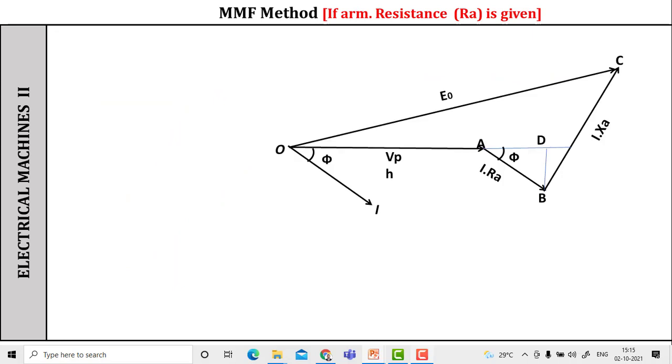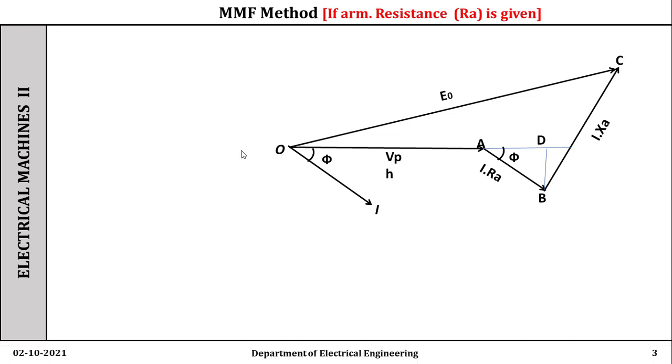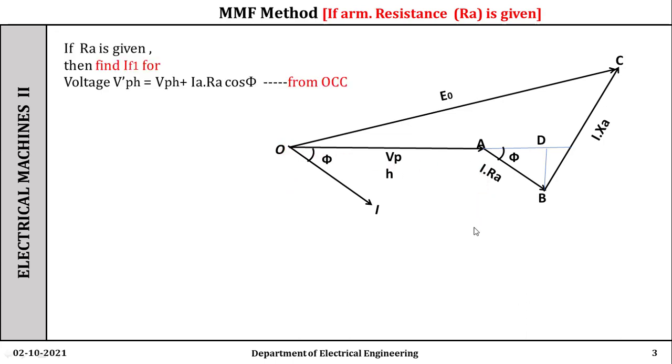Then in case the armature resistance is given to you, how to find out the phasor diagram? See, first thing is draw the OA as a reference phasor. Then draw the OI, that is the current phasor, by making an angle phi. Then add the AB.